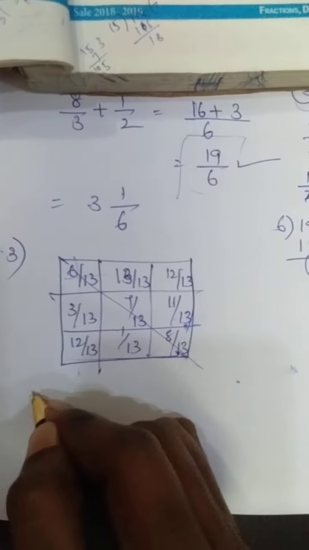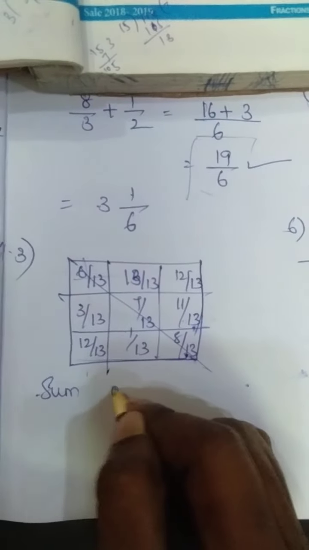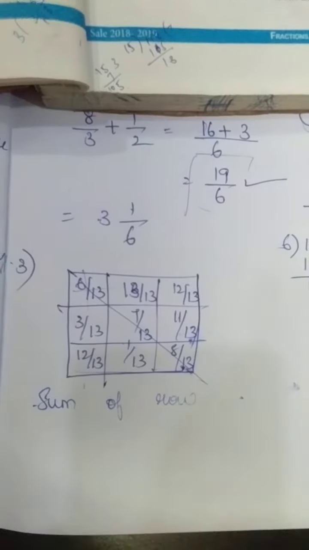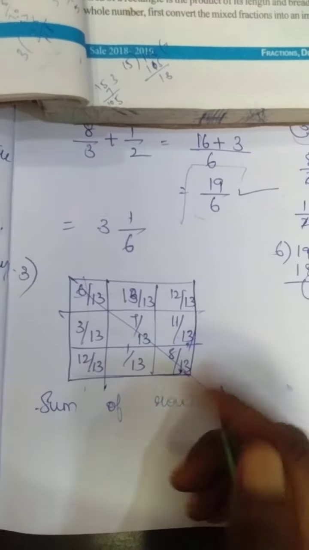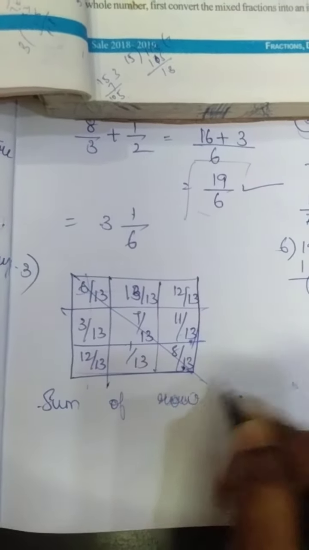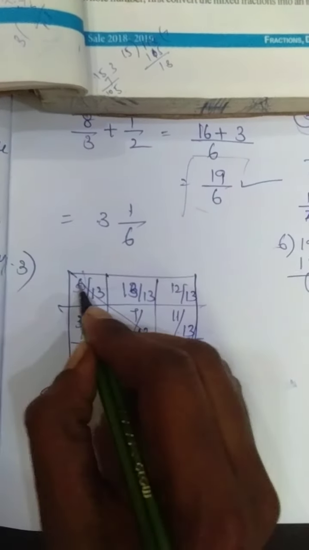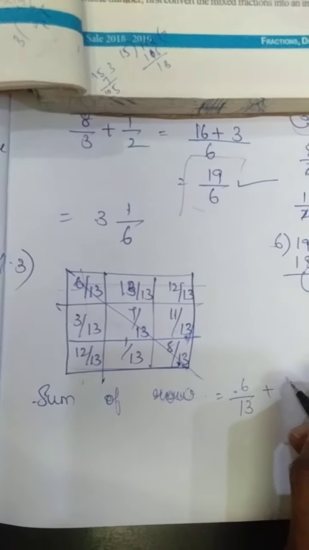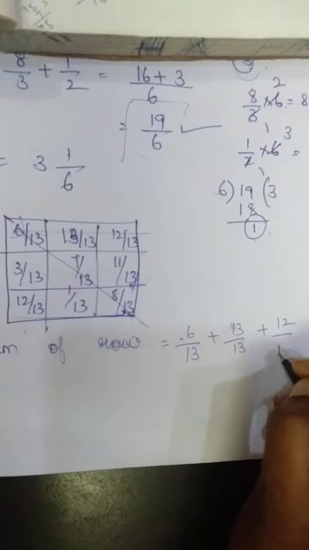Okay, see, first of all, sum of row equal to, what is this? This is row, yes or no? 6 by 13 plus 13 by 13 plus 12 by 13.